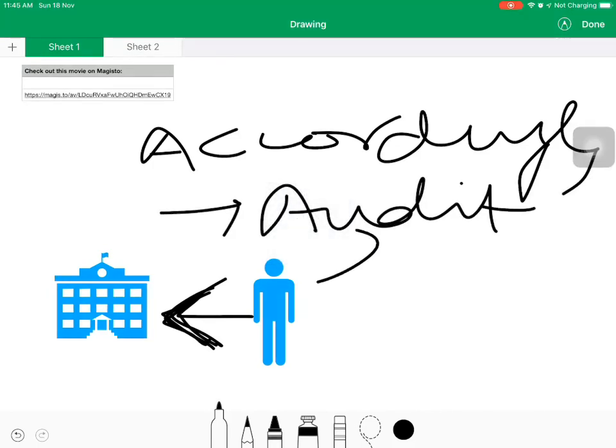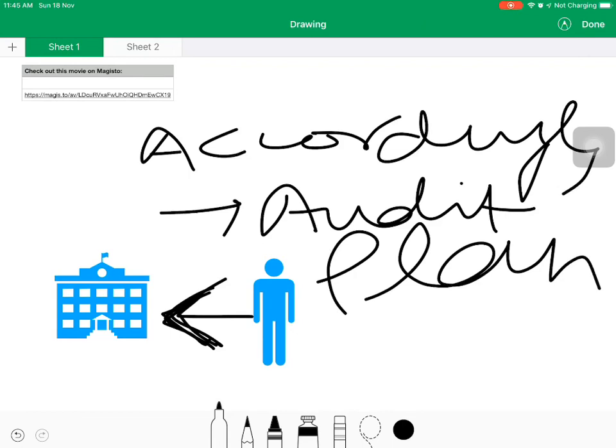So audit plan is nothing but a detailed plan of action which is formulated by an auditor and which provides a clear and deep insight relating to the nature, timing and extent of audit procedures to be performed.